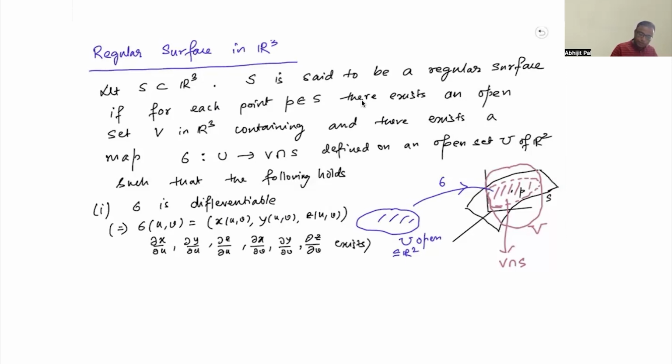And the second condition is that this sigma is a bijection and it is a homeomorphism.